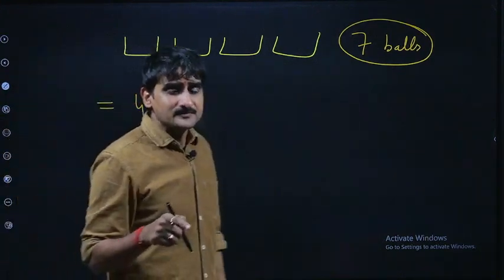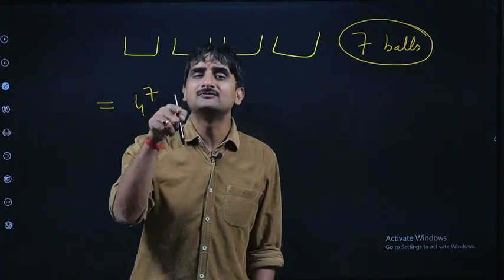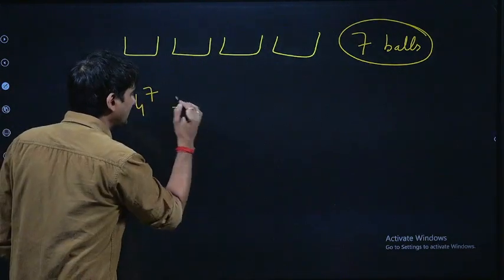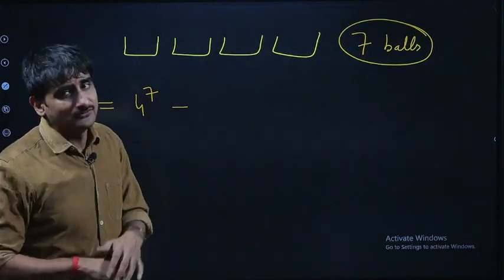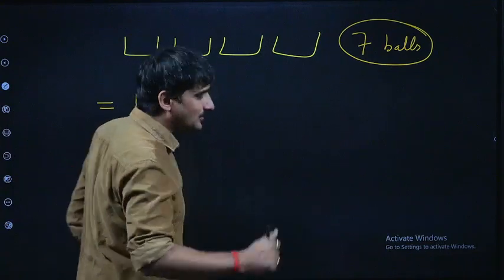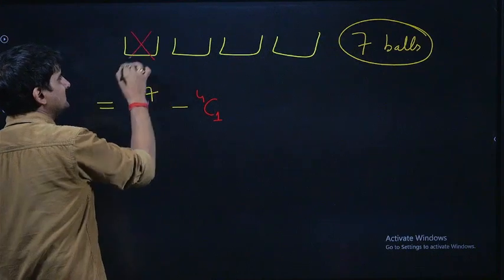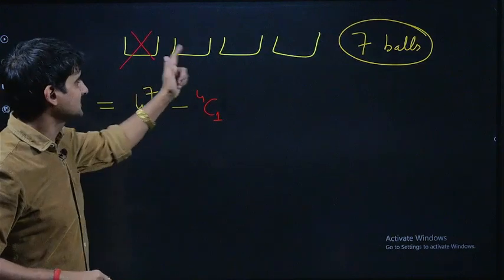Now from here, I will be excluding those cases when at least one box goes empty. To ensure that at least one box is empty, I will select one box out of 4. Let's say I selected this box. This is the first, second, third, fourth box.